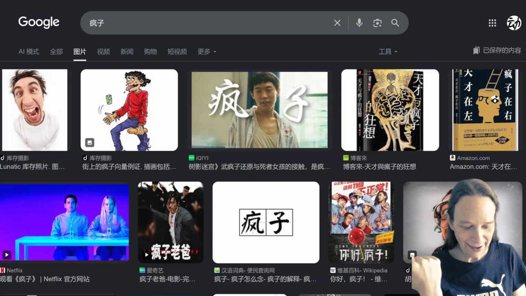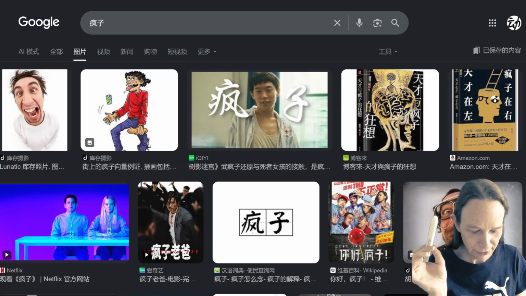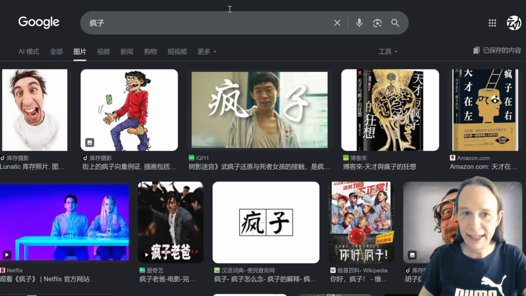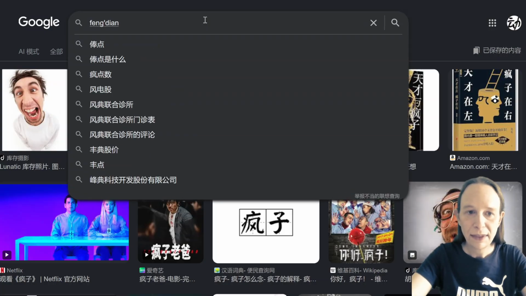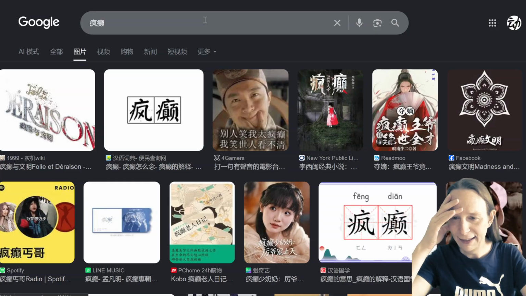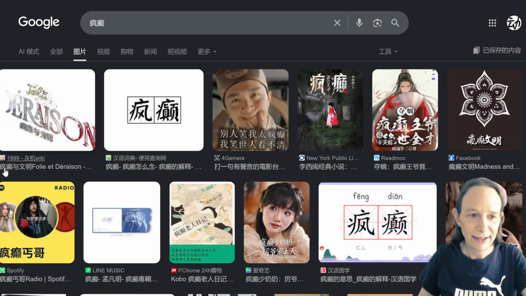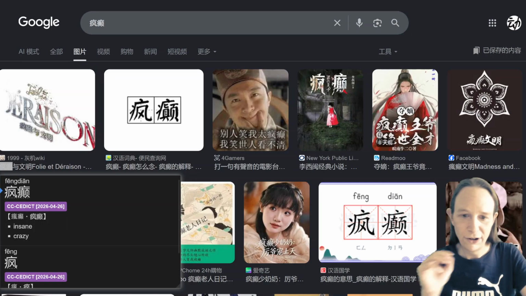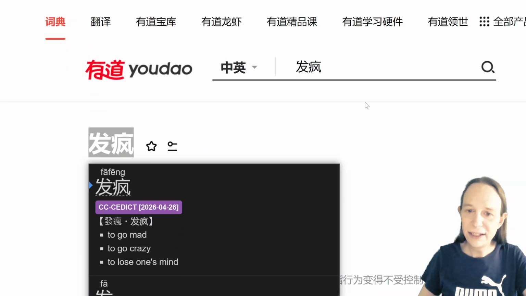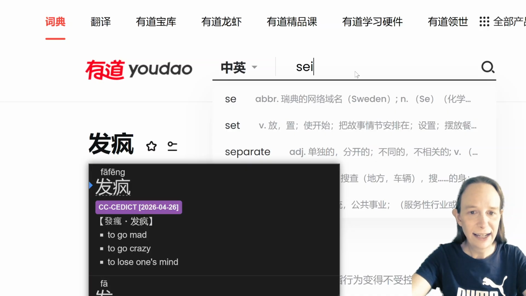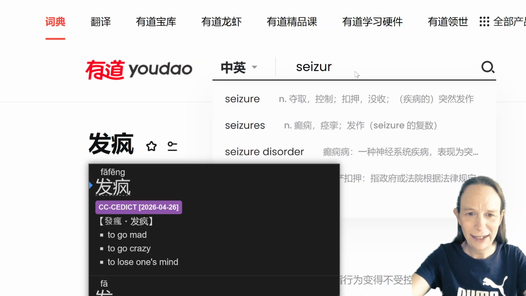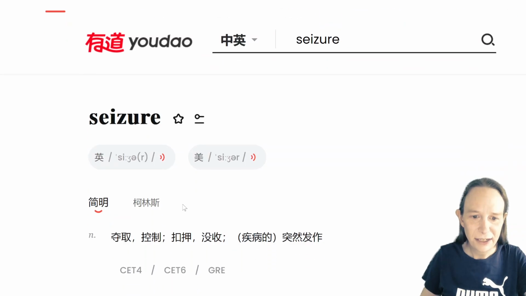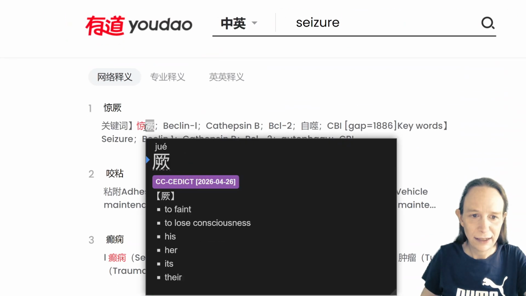Okay, so there's 疯癫. This one, I think this is epileptic seizure or something like this, right? No. What's the word for seizure then? Seizure. The medical one.